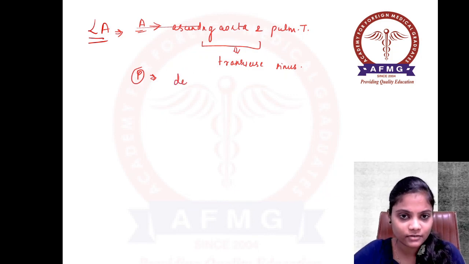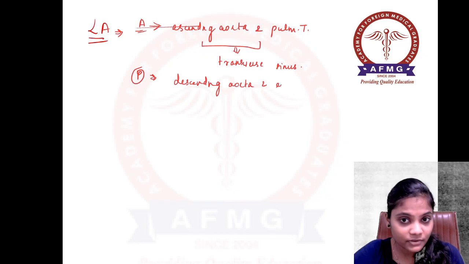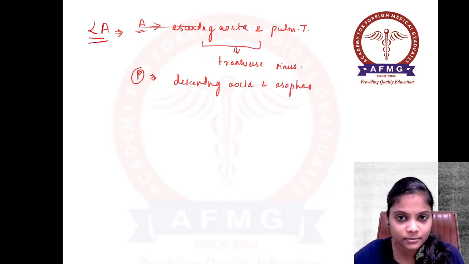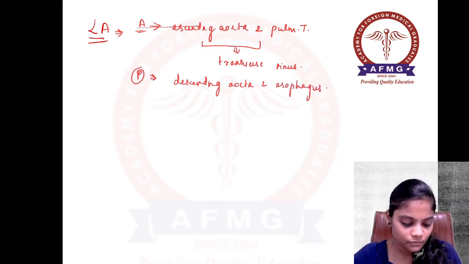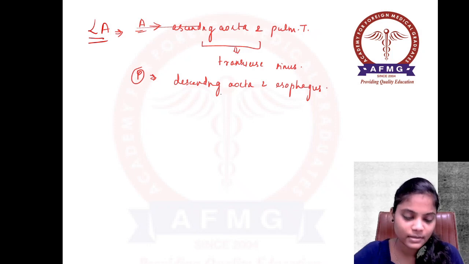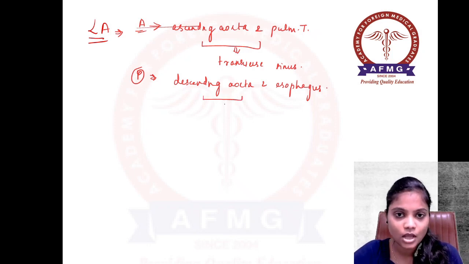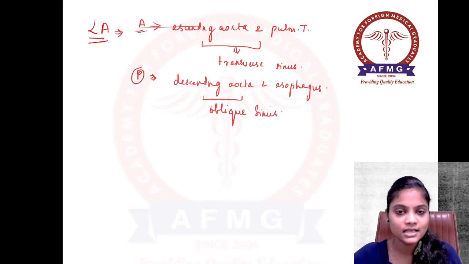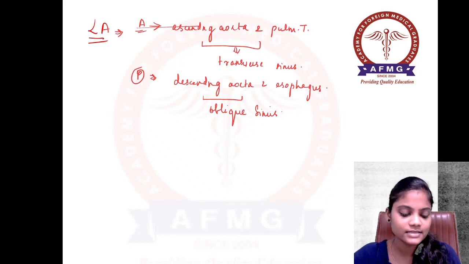So obviously there will be the descending aorta, right? And one more thing is your esophagus as well, as you all know from the anatomical part. They will be separated by a sinus, that is your oblique sinus. So two sinuses we have done now. One is your transverse sinus and one is your oblique sinus, that is important.